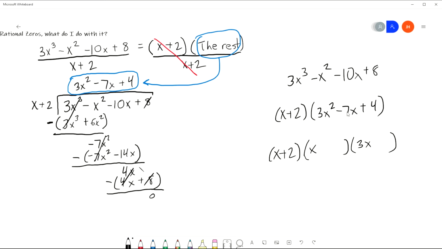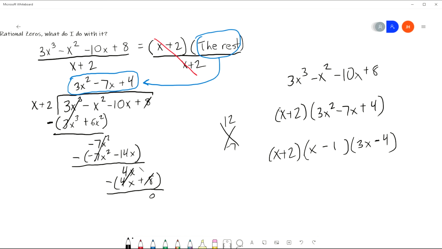I think that's going to end up being minus 1 and minus 4, because minus 1 times 3 is minus 3, and minus 4 times 1 is minus 4. Minus 3 and minus 4 makes minus 7, and they multiply to make positive 4. Now, if you don't want to do this, you are totally welcome to do the diamond method. 3 times 4 is 12 on top, -7.